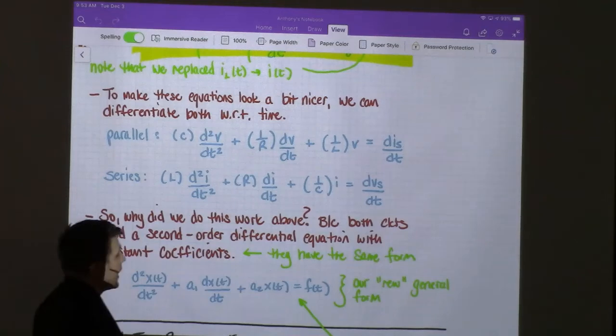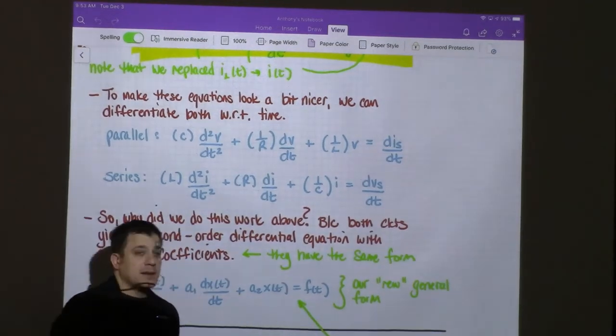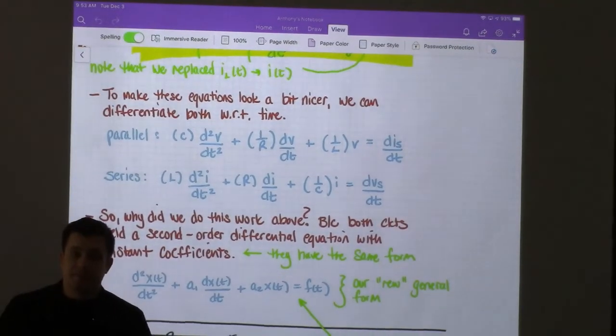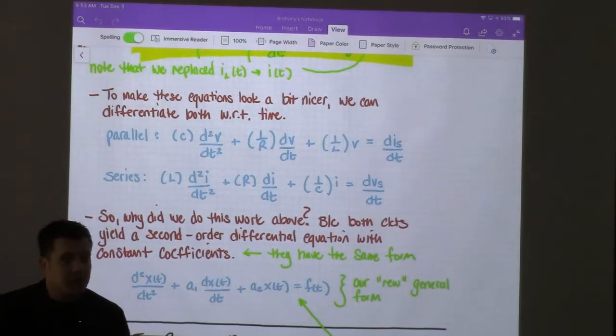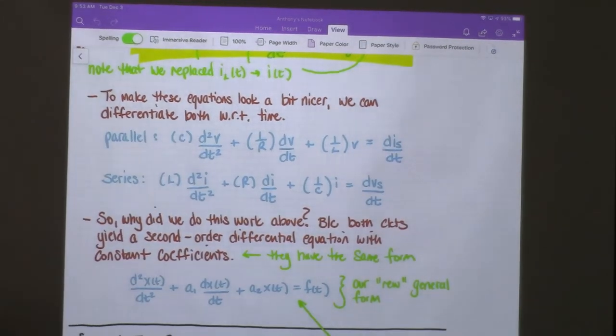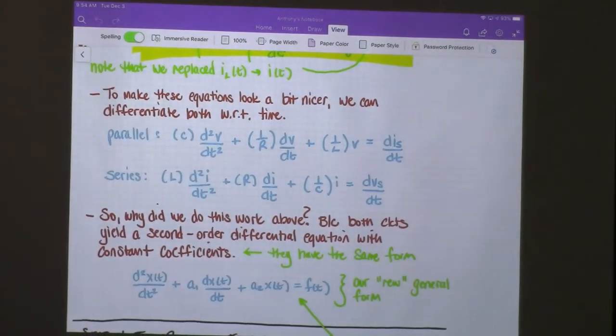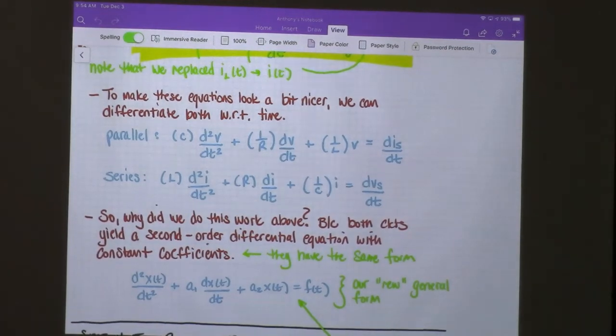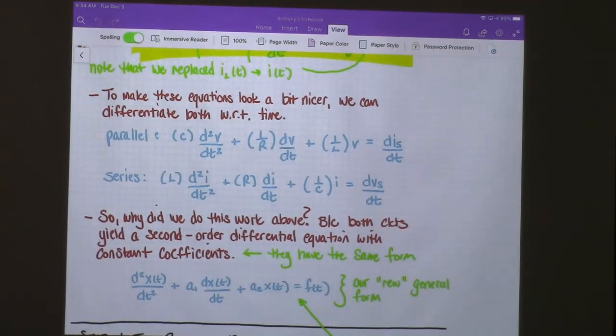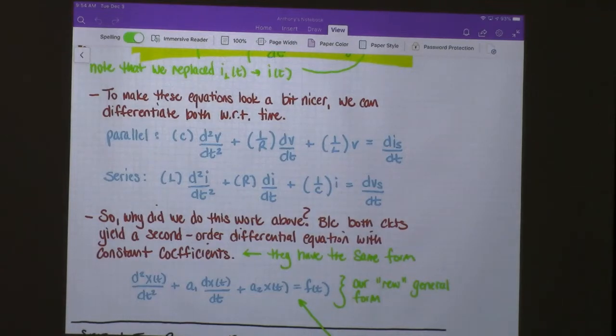And what would this f of t be? It would be dis/dt. And you can do the same thing for the second equation. So now we've taken both of those circuits and shown how they can be represented by the same equation, so let's figure out how to solve that equation. If we can solve that equation, we can solve both of the circuits that we just discussed.